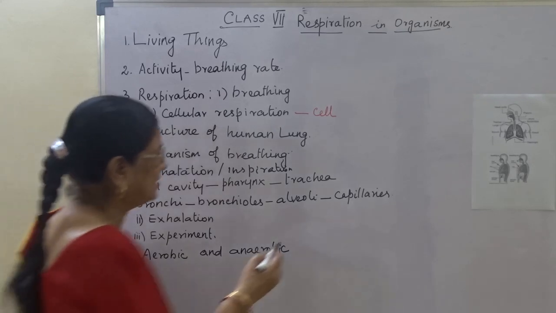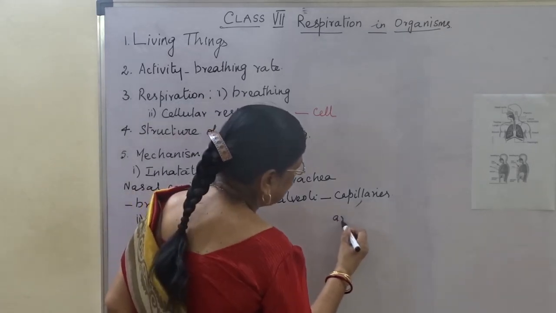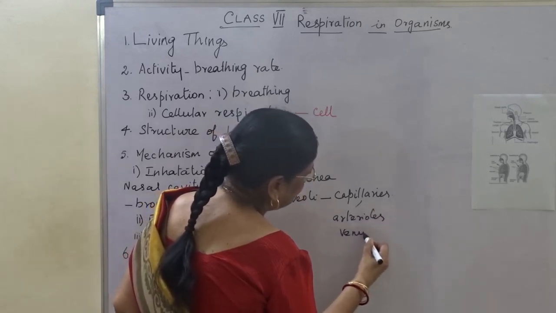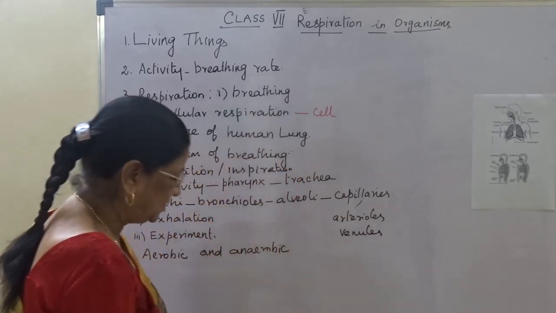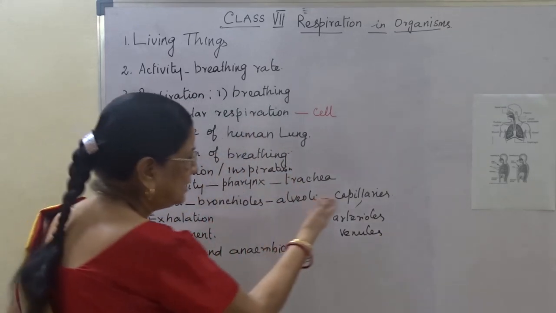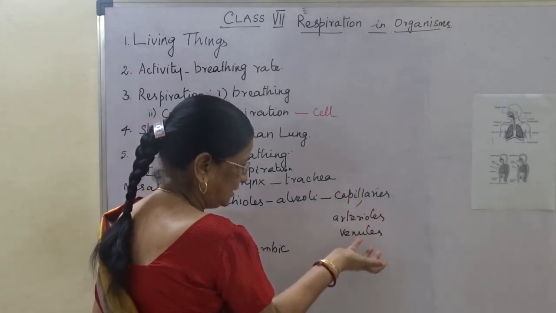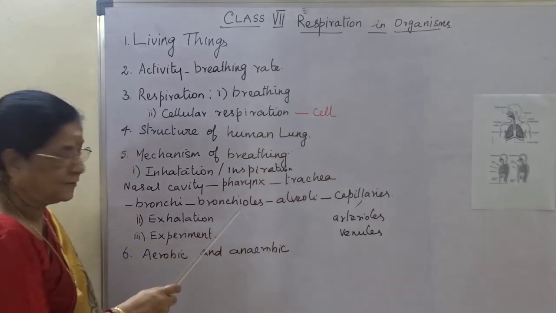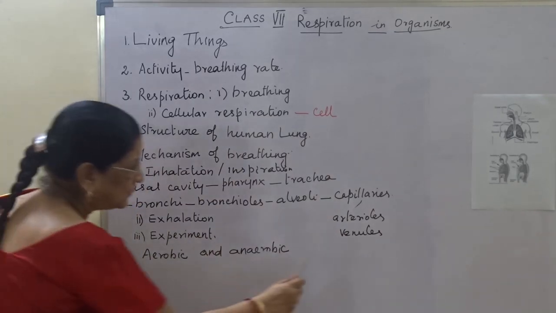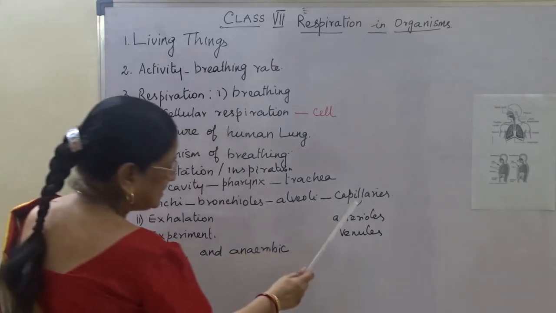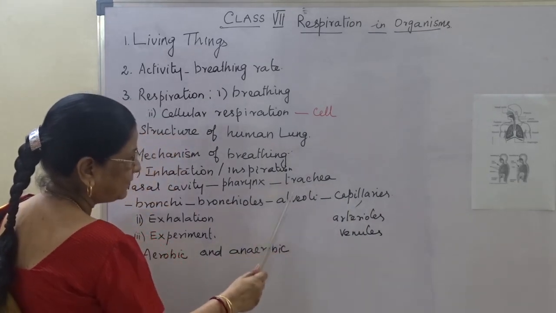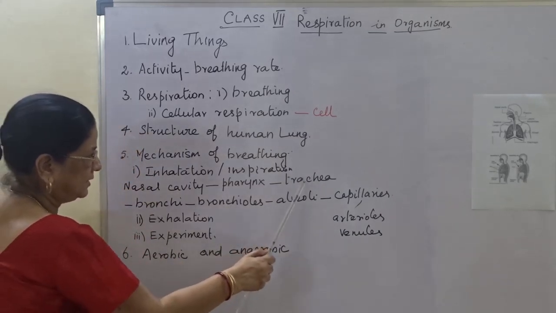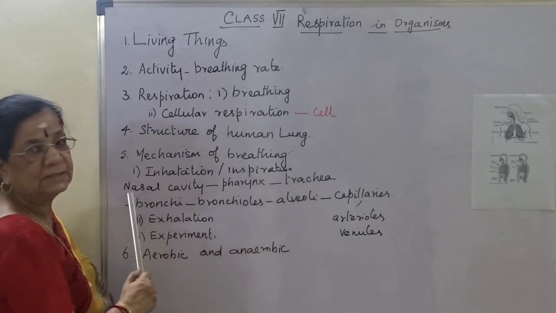Capillaries are blood capillaries as arterioles and venules. The arterioles give oxygen to the alveoli, and exchange with the venules for carbon dioxide. That is inspiration. Expiration is the reverse: from the capillaries the venules carry carbon dioxide to the alveoli, then to the bronchioles, bronchi, trachea, pharynx, and nasal cavity.